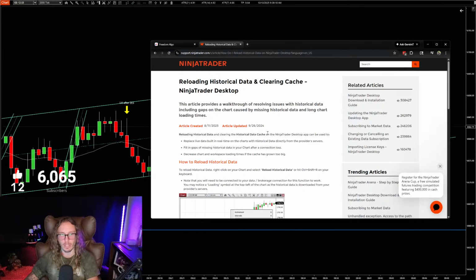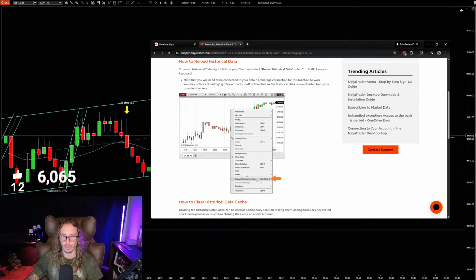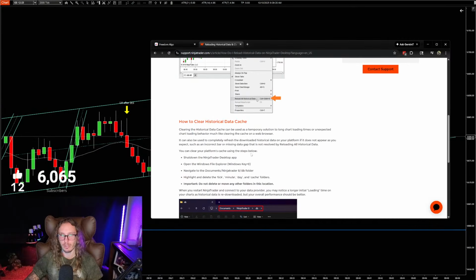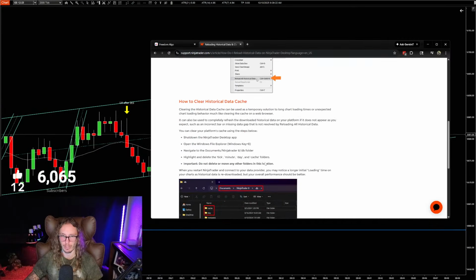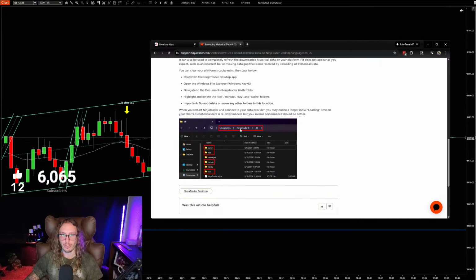You can see this one. So if you're having weird stuff happen, you can reload your historical data, and that will change things. If you're having issues regularly, and you have to do this regularly, clear your NinjaTrader cache. Very simple. You open up your NinjaTrader folder, and you delete cache, day, minute, and tick. You just delete those 4 folders. Don't touch anything else.